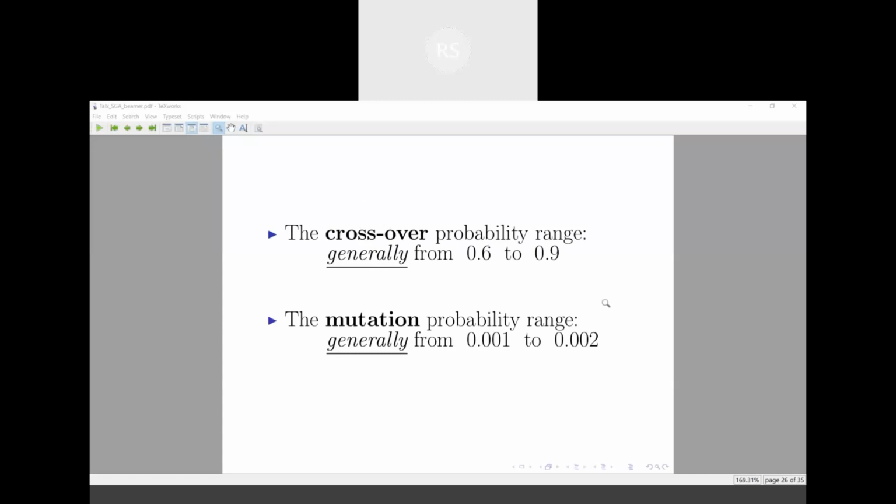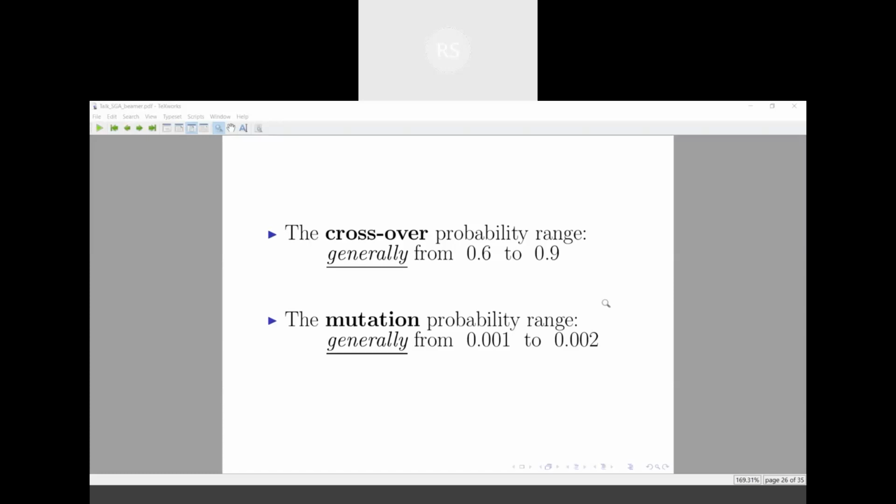crossover probability. In nature, many times you find that a child may be looking quite a lot like one of the parents, or sometimes the child will inherit some property from one parent and some property from another parent, right?